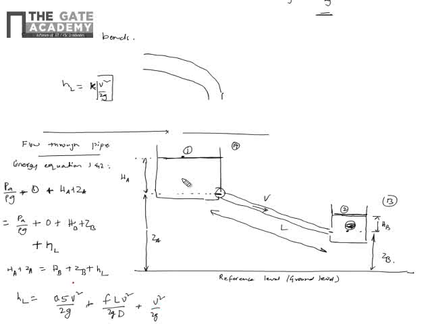So there are three losses. One is due to the entrance, the change in the geometry. This is along the length because of viscosity, and this is at the exit. So the entire equation can be written as HA plus ZA minus HB minus ZB is equal to 0.5 v square by 2g plus FL v square by 2gd plus v square by 2g.